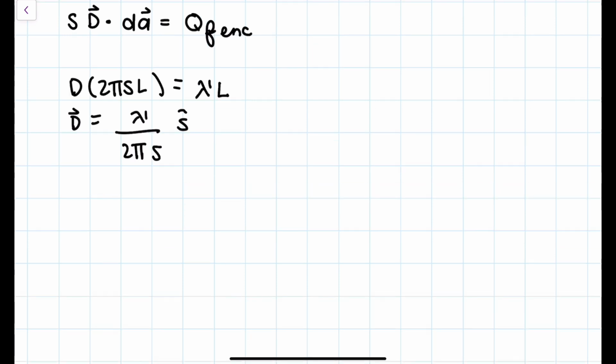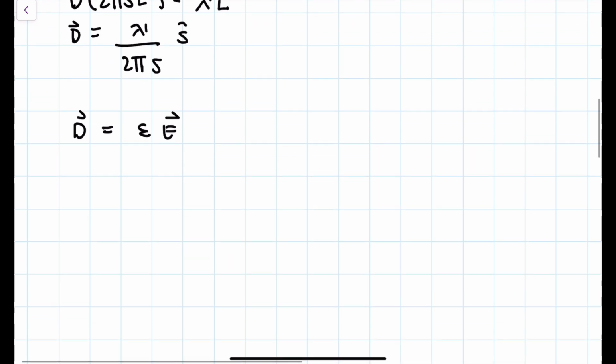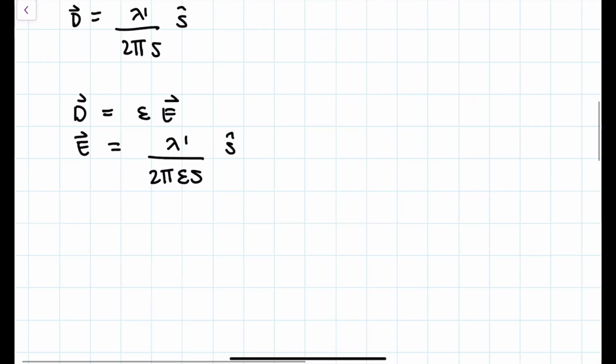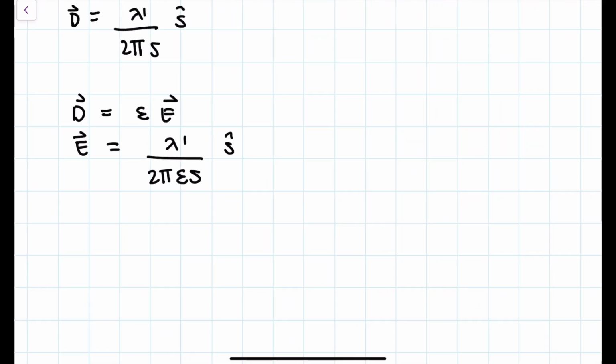The electric displacement equals the electric permittivity times the electric field, so solving for the electric field, it is lambda prime over 2 pi epsilon s, in the s direction. Through the same process, we find this electric potential.